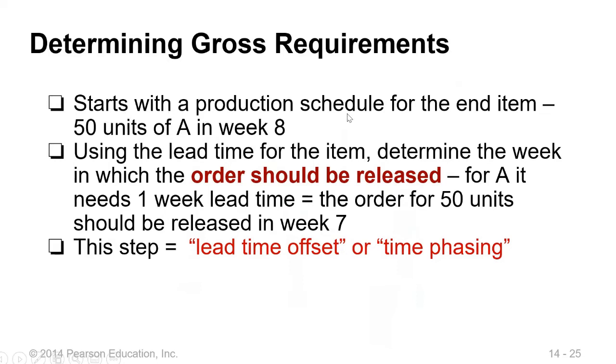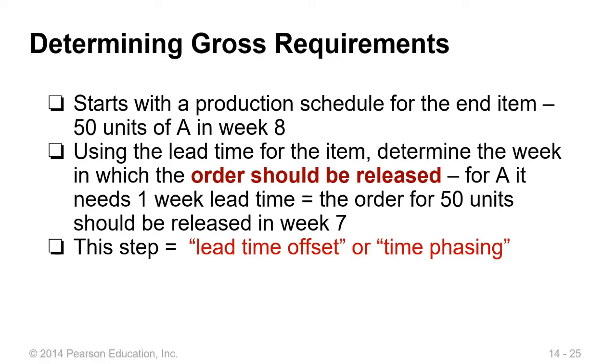So we start with a production schedule for the end item of 50 units. Use the lead time for the item, and you want to determine the week in which the order should be released for A. It needs 1 week lead time. That means the order for 50 units should be released in week 7, which I've shown you just now.